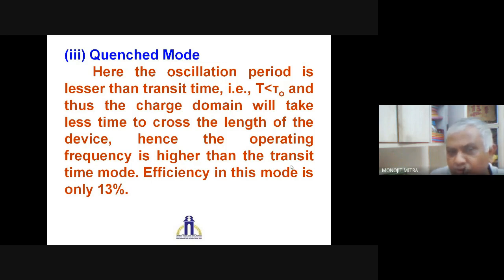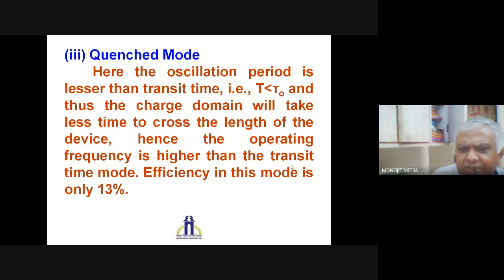But as I told you, when the electron transfer effect starts, the mobility also decreases, as we have seen. So here the velocity can increase a little bit, and as a result the time taken by the charge carrier will be less than the transit time.